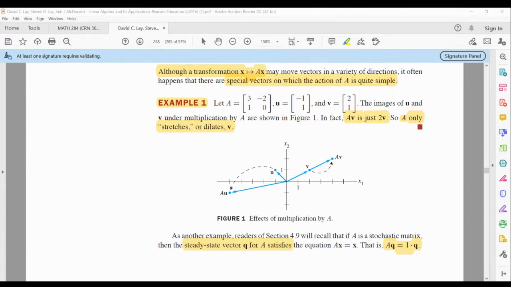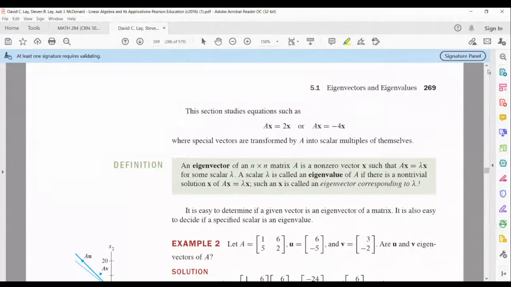But we want a more formal definition for what an eigenvector and eigenvalue is. We've seen a few examples. Here's a definition in section 5.1.